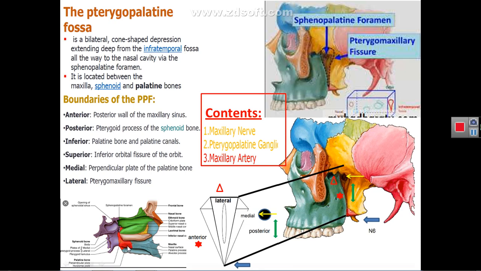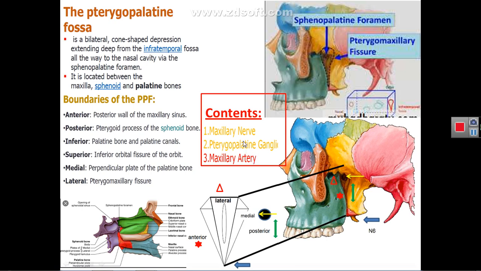And you can see that this horizontal plate of palatine bone continues up as the vertical plate of palatine bone, which forms part of the lateral wall of the nasal cavity. And this vertical plate of palatine bone shows here the sphenopalatine foramen. So the sphenopalatine foramen, present in the lateral wall of the nasal cavity, is seen here forming the medial wall of the pterygopalatine fossa.